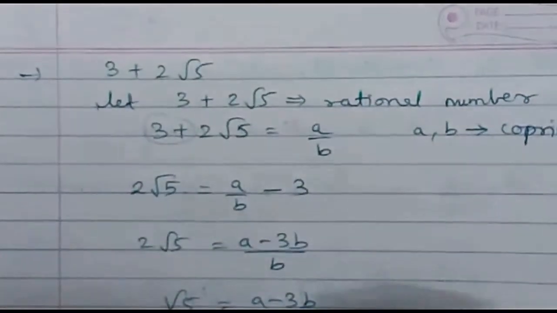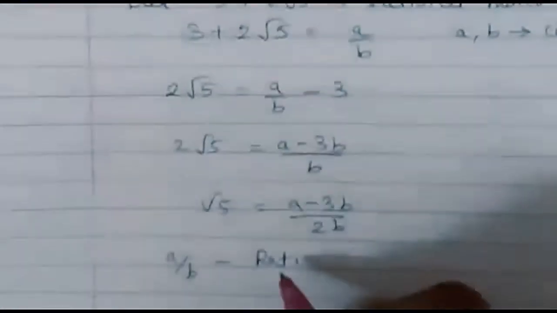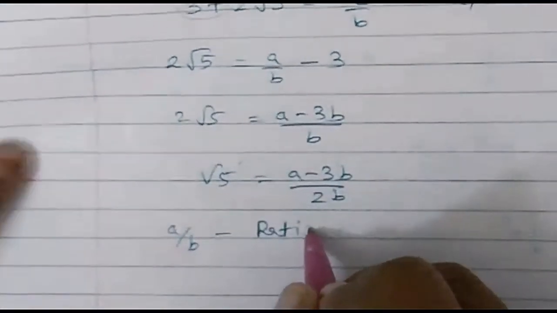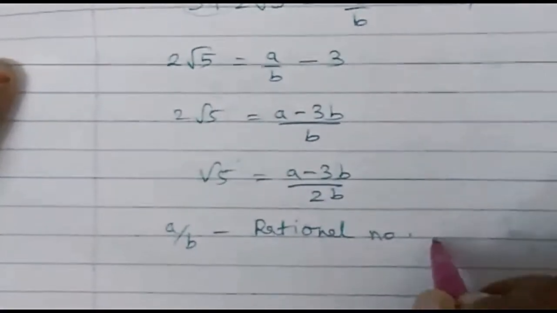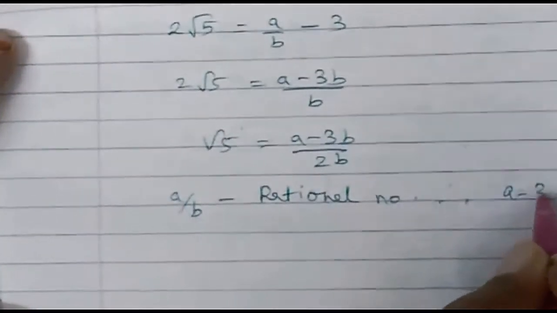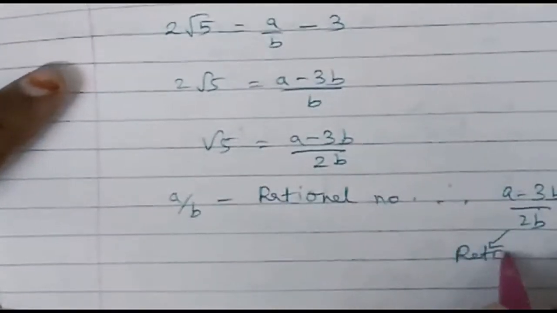Right? And so a and b are integers here. A upon b was a rational number, and so we can say a minus 3b upon 2b is also a rational number.